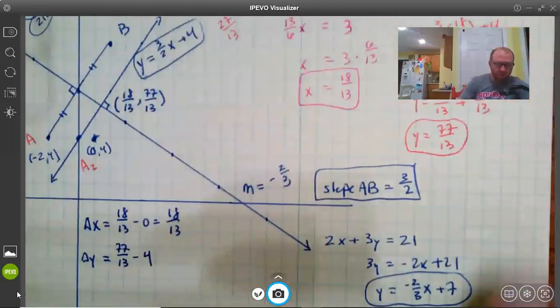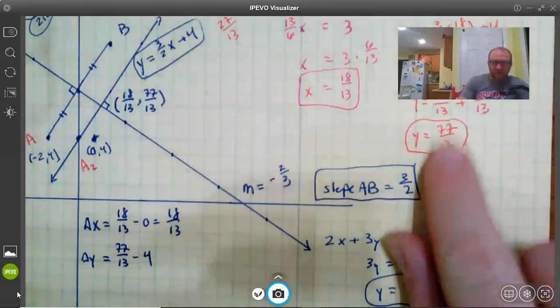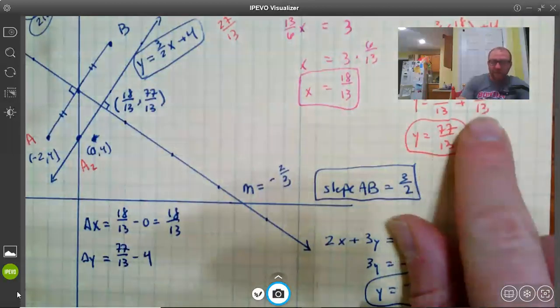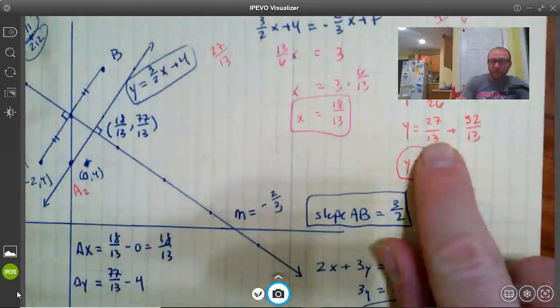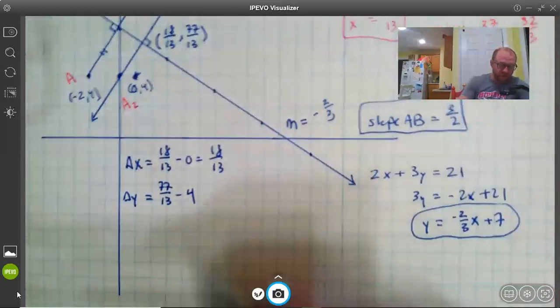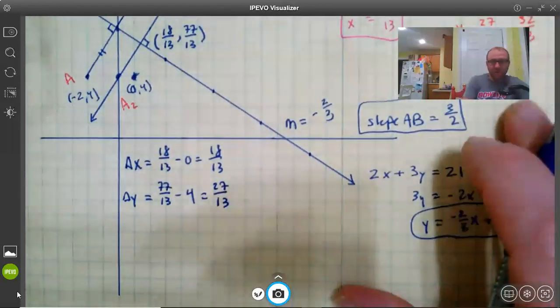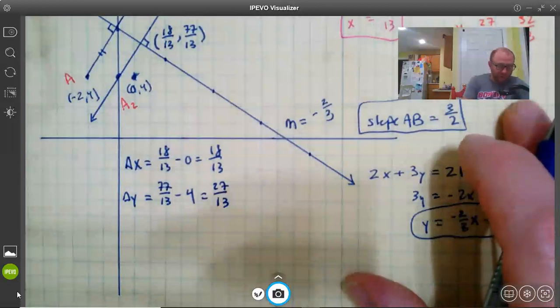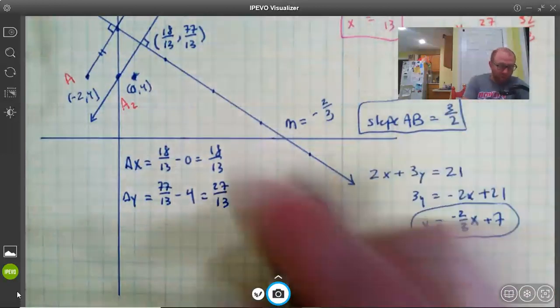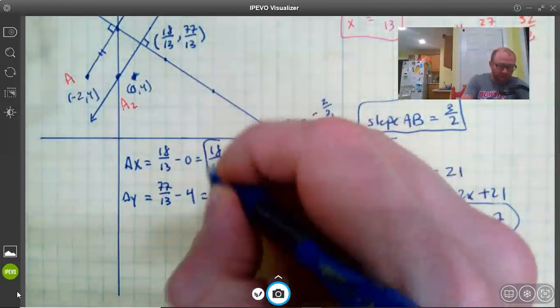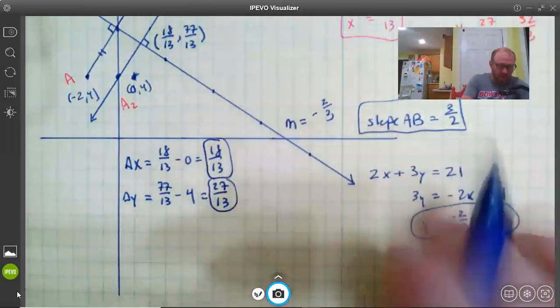Oh, notice 77/13 take away 4 is 27/13. Did that one already. 27/13. So all we have to do is take these two values and add them.